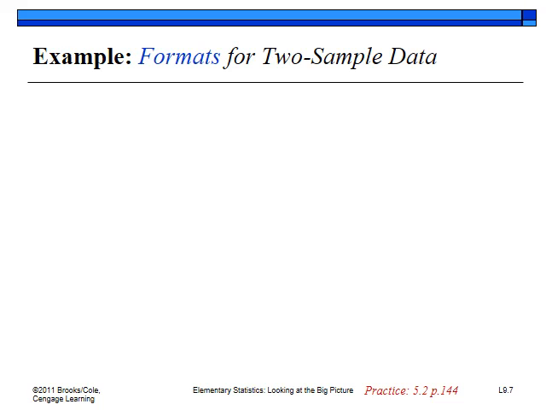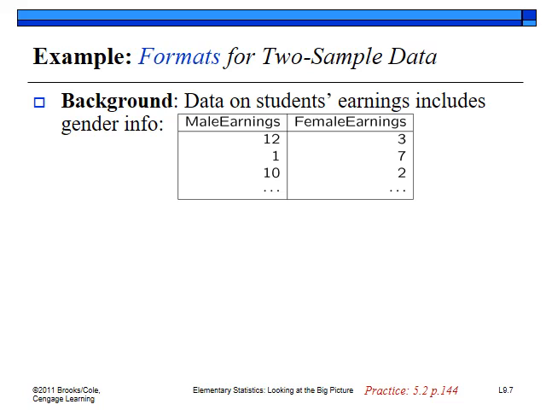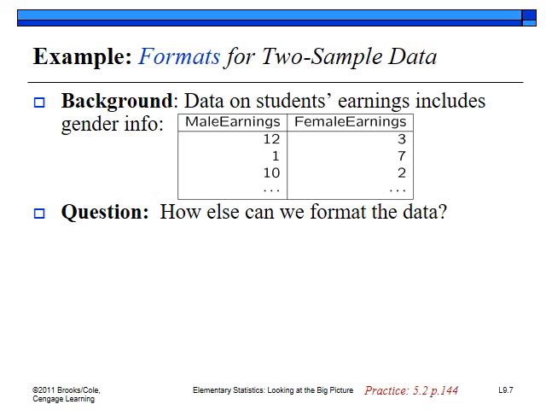When we're looking at two-sample data, there are a couple of different ways that we can format it for display. If you look at the student survey data, you might see columns for male earnings and female earnings on one of the sheets. Is there a different way that we can format this data? Currently, we have the two categories at the top, male earnings and female earnings, and then the data values underneath.